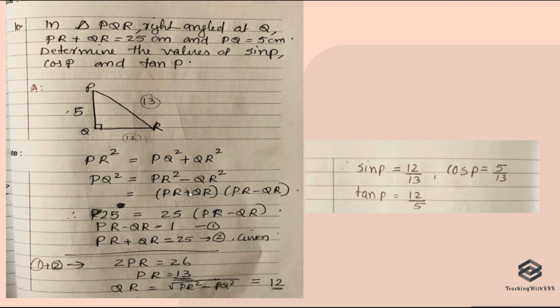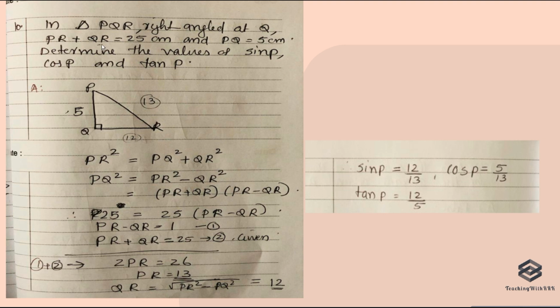It is given PR plus QR equal to 25 cm and PQ equal to 5. Therefore PQ square equal to 5 square equal to 25. 25 equal to PR plus QR, 25 given, times PR minus QR. That means PR minus QR equal to 25 divided by 25 equal to 1. PR minus QR equal to 1.